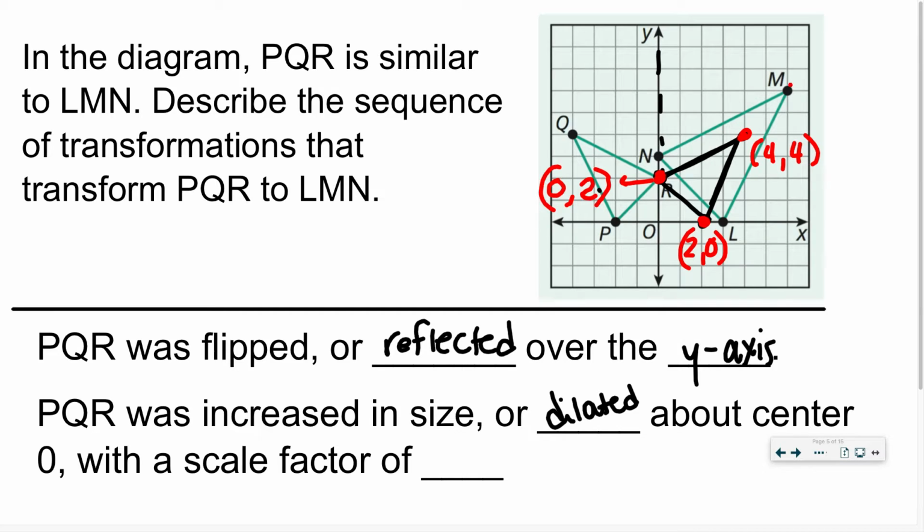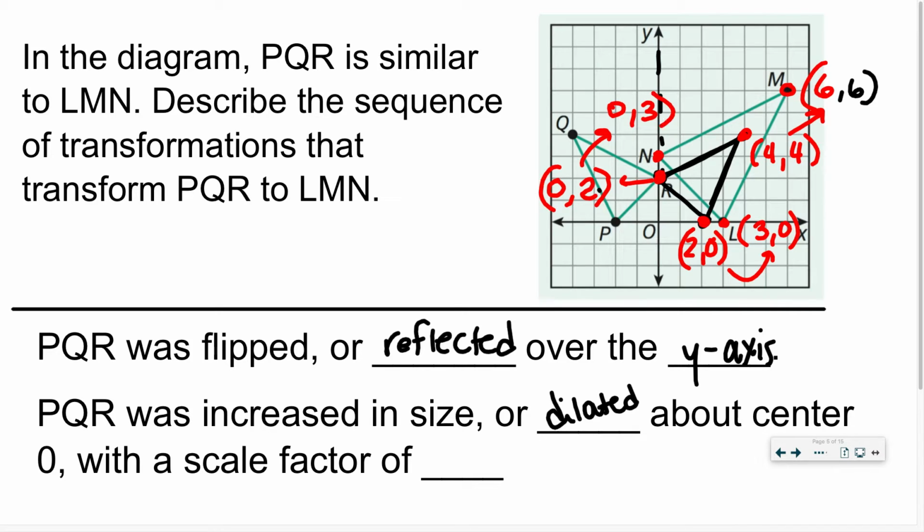All right, how about the new figure? What's that coordinate? 6, 6. So I went from 4, 4 to 6, 6. I went from 2, 0 to what? 3, 0. And then I went from 0, 2 to 0, 3.